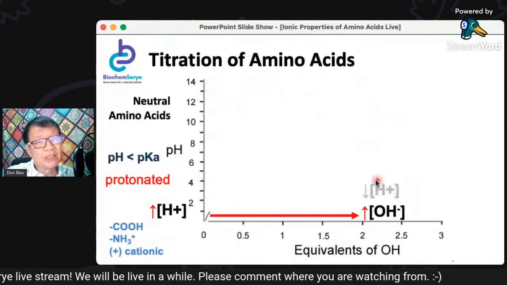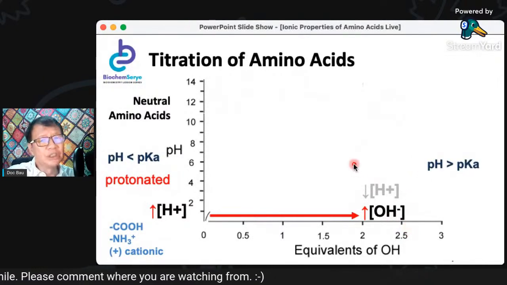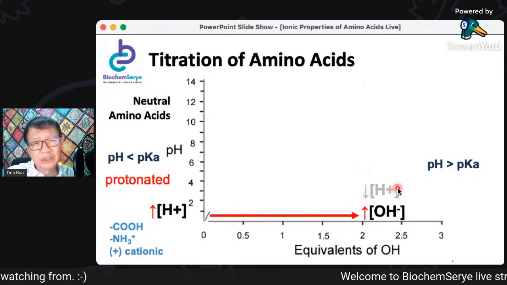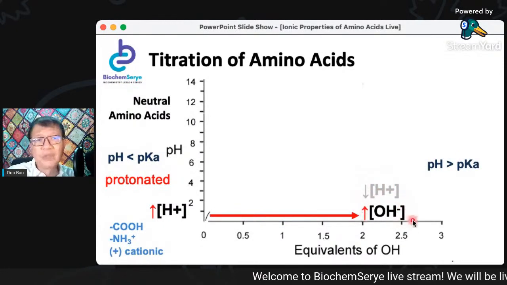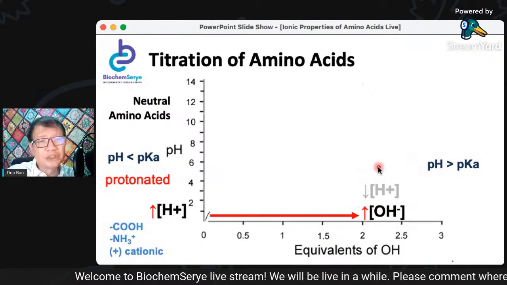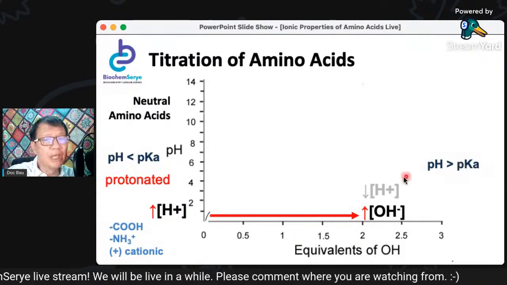At higher pH, we expect the negative moiety to predominate. In this case, your pH is getting higher because your hydrogen ion concentration is getting lower, or indirectly your hydroxide ion is getting higher. What happens? Now your pH will surpass your pKa.